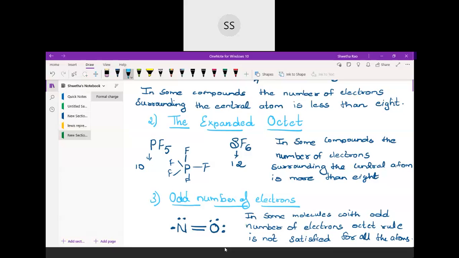Yes, I want everyone to reply. Good, correct. That's the correct answer. Yes, others also reply. My question is, when Lewis deduced the octet rule, he compared this with some elements. Which are those elements?